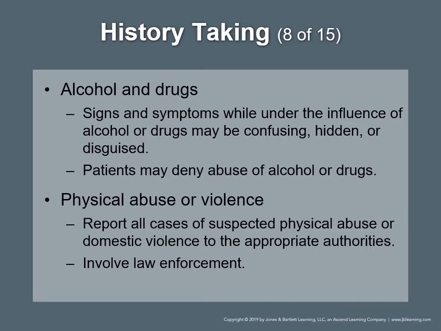We have to, by law, report physical abuse for children and the elderly. If law enforcement is on scene and they've told you they suspect this is an abusive situation, then it's already done.